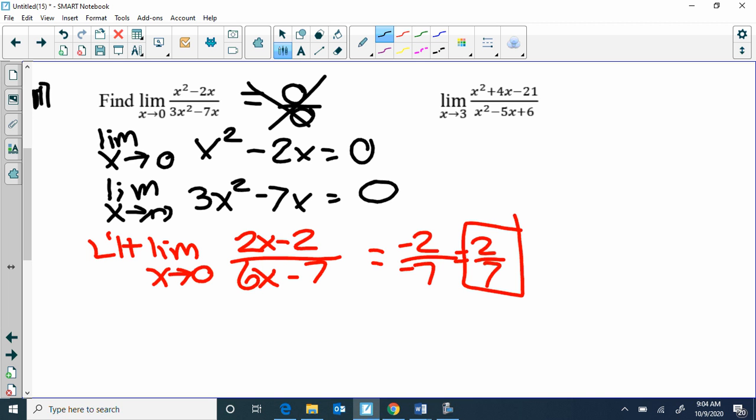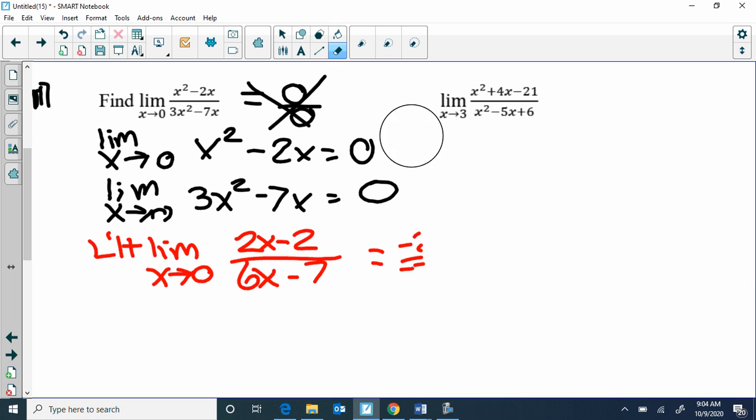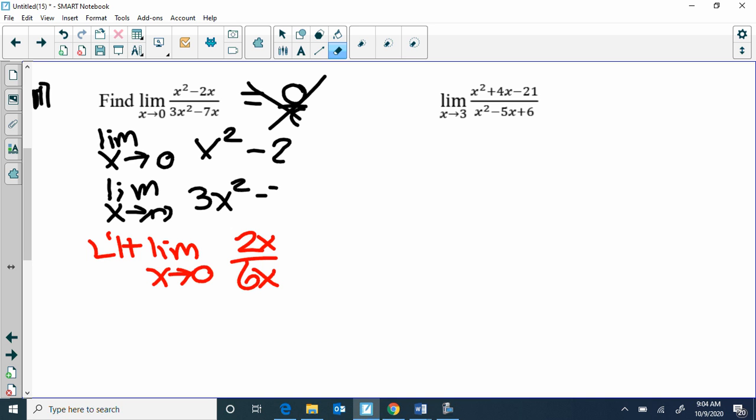Now I'm going to try the same thing with the next one. Limit as x goes to 3. I would plug in 3 and notice pretty quickly I get 0 over 0. You can't just write 0 over 0. That doesn't actually work. You can cross it off and nobody will grade it, but you cannot write equals 0 over 0.